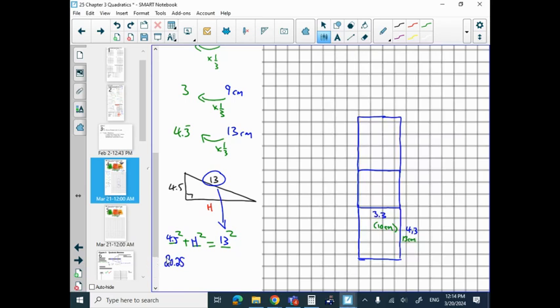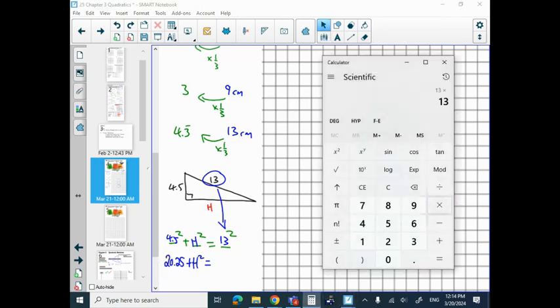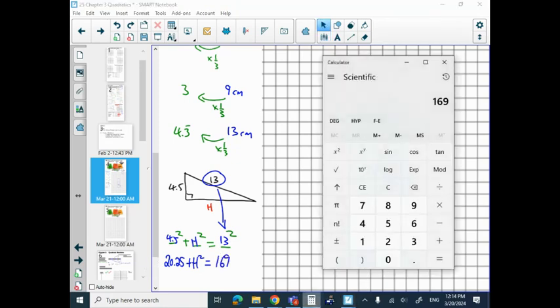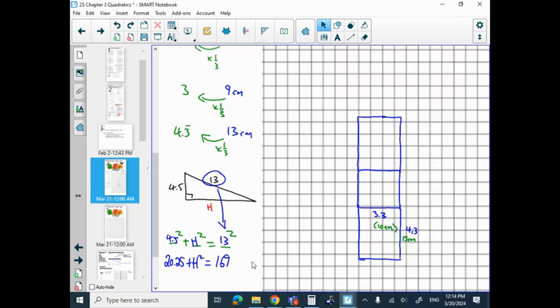And we have the h squared and the 13 squared. You might as well type it in, right? But that's what I was thinking it was. So we have the numbers in there, and then we're going to subtract 20.25 from both sides.